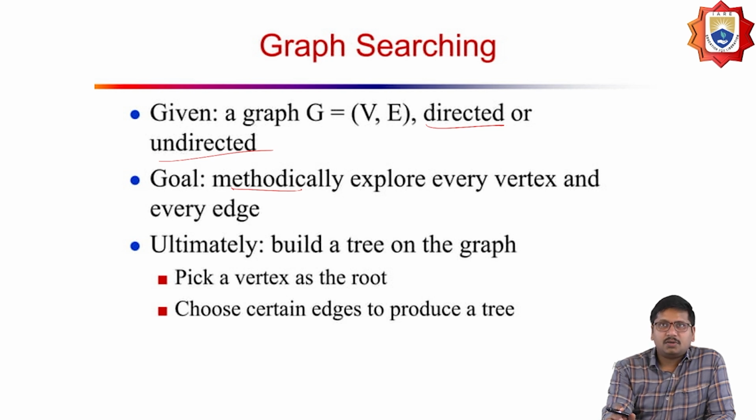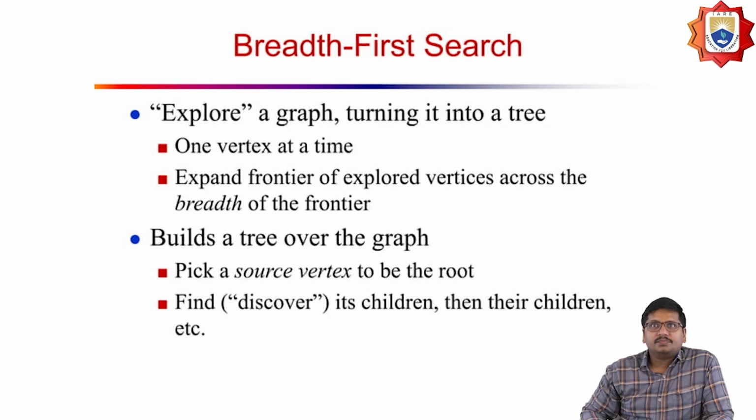For this we have what we call a graph search. Ultimately we are going to build a tree on the graph. So pick up a vertex as the root and choose certain edges to produce the tree. In that, we are going to see breadth first search.